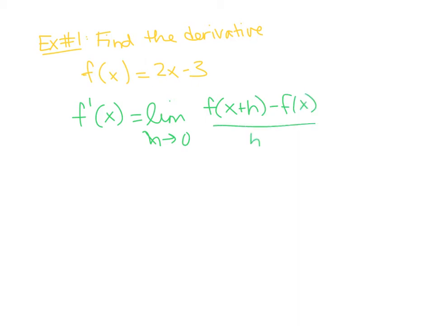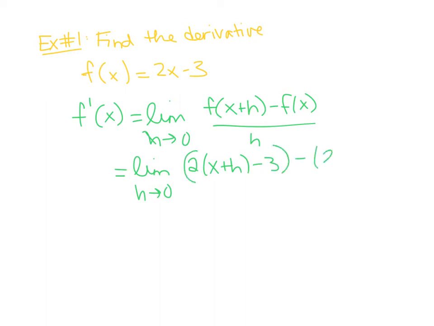So in order to find the derivative of this one, we are going to find the limit and then we'll do the difference quotient. You're welcome to pause this and try it on your own, by the way. I recommend that. So we end up getting 2 times x plus h minus 3. That's the first part.